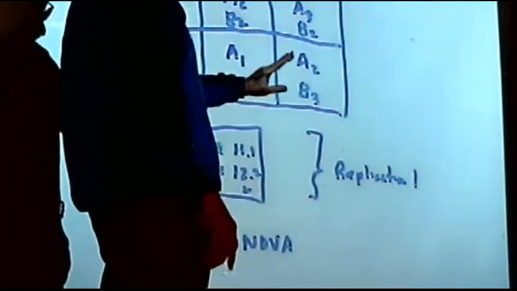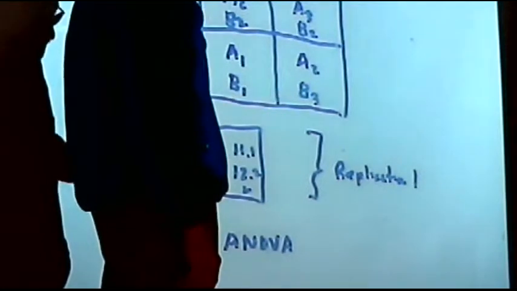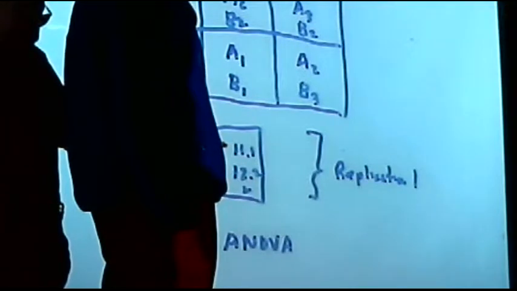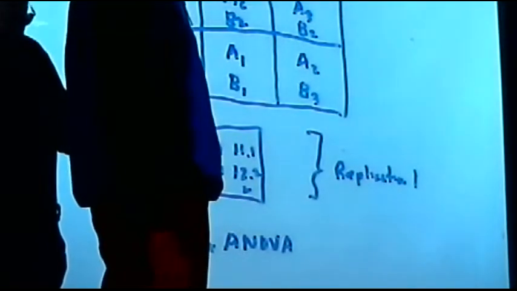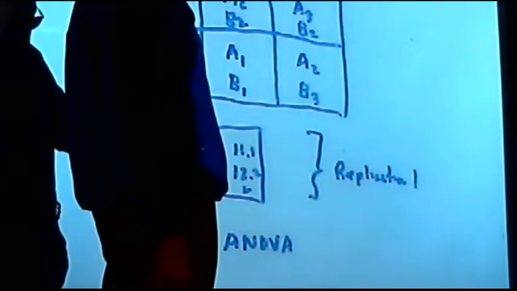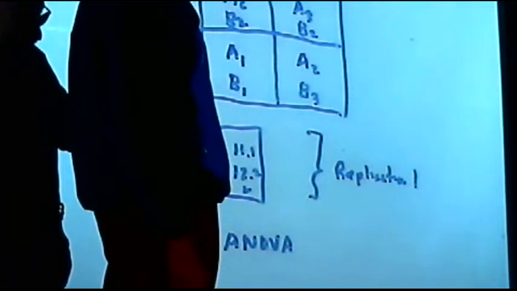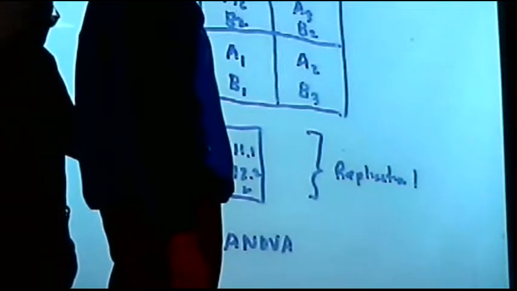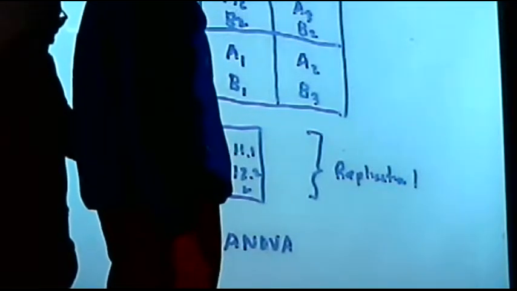But if I had another replication, then I could get 2 observations in each cell. And we've analyzed data that looked like that a month or more ago. In fact, that's on the material for the test, so check that out again.